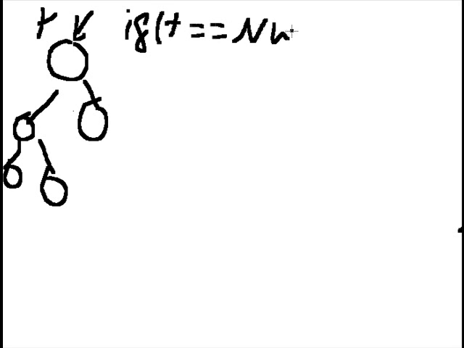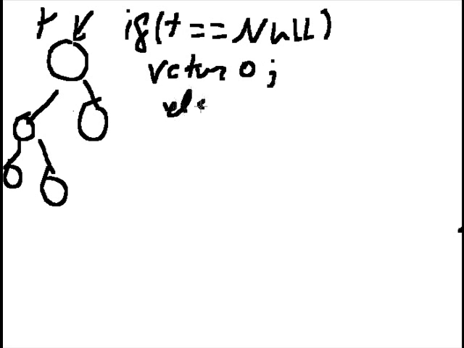So I will begin with, whatever I'm sending here, suppose I'm sending t, if t equal to null, then I will count nothing, so return 0. Else, this is not null, so 1 plus, go to the left and go to the right.